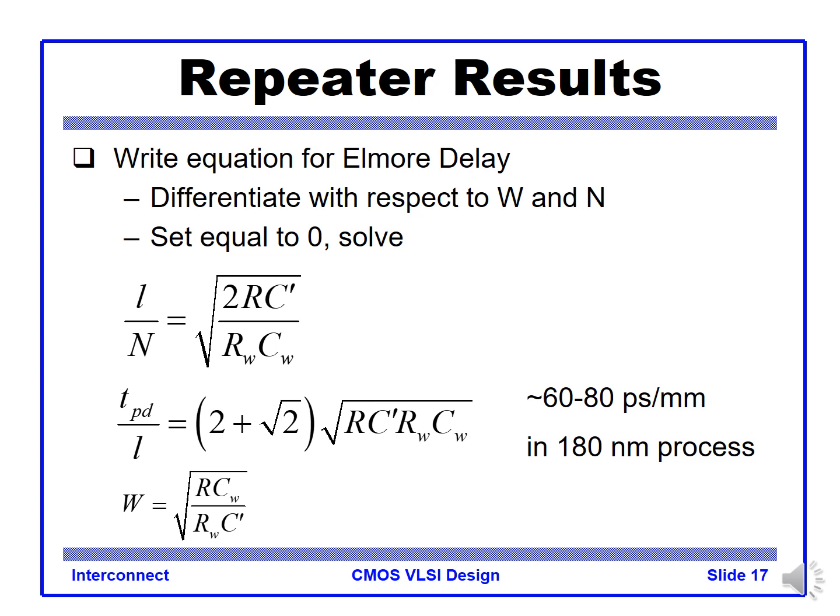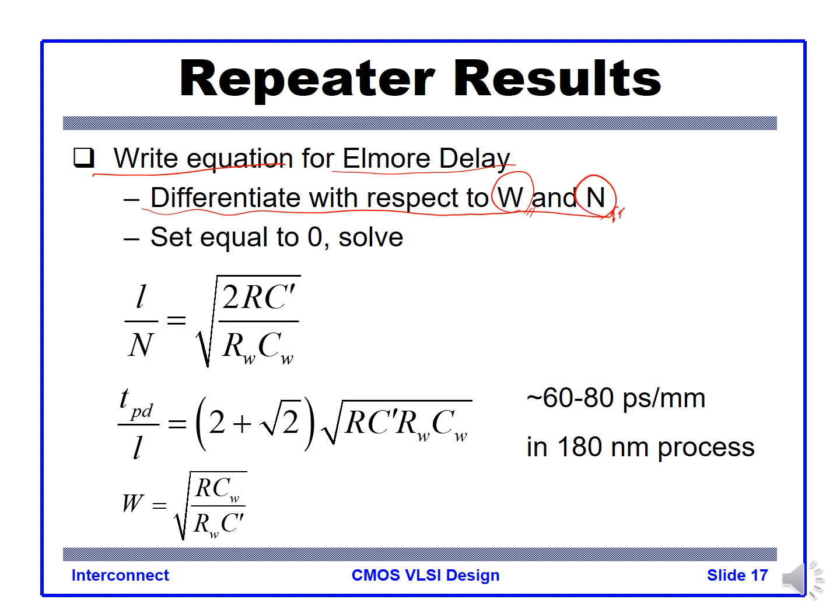So now we use the Elmore delay calculation to find the minimum delay, and what the W and N would be.